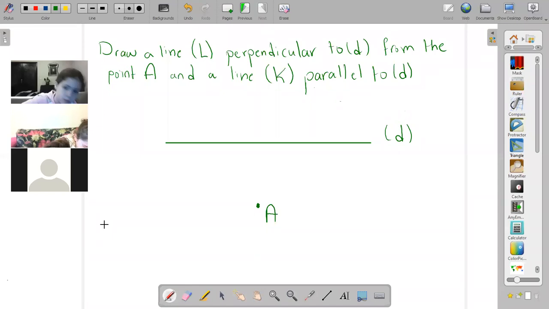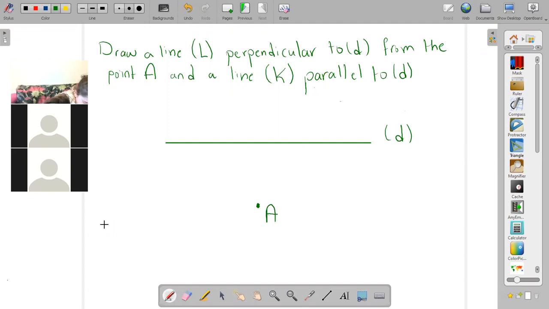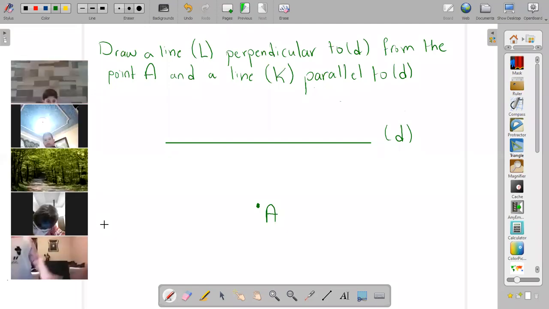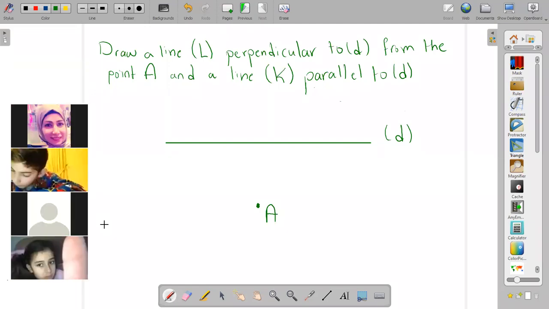Now, Muhammad Berji, how do we draw a line L perpendicular to D? How do we draw a perpendicular line to D from the point A?